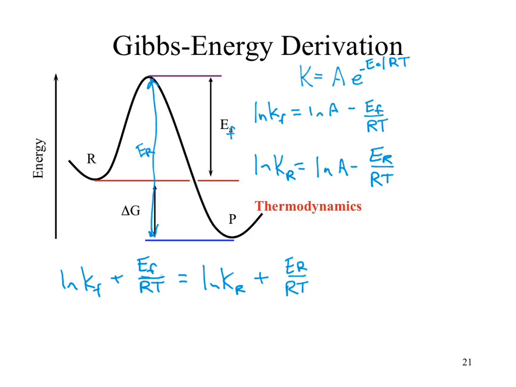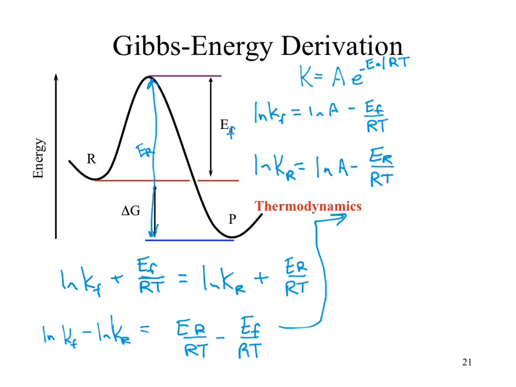Might be nice to group some similar terms so we can start to shuffle things around. RT minus forward over RT. Sorry, this is the first time I've done it on the iPad. It's not the easiest to fit all the space in here.